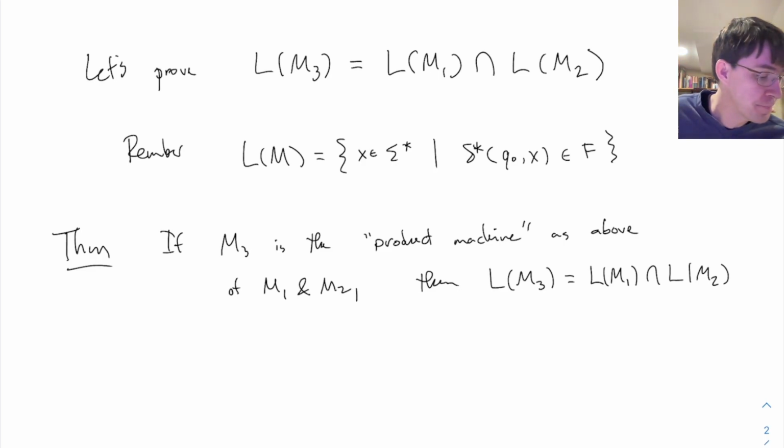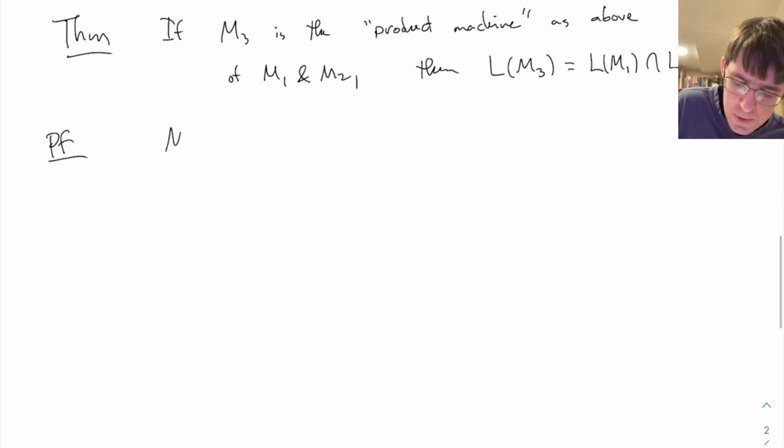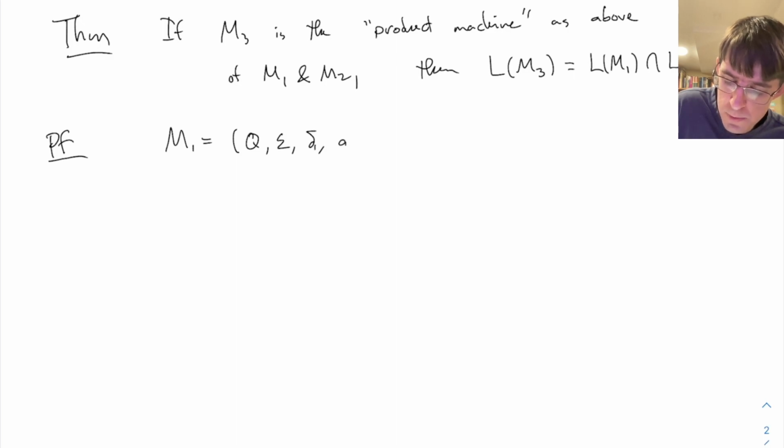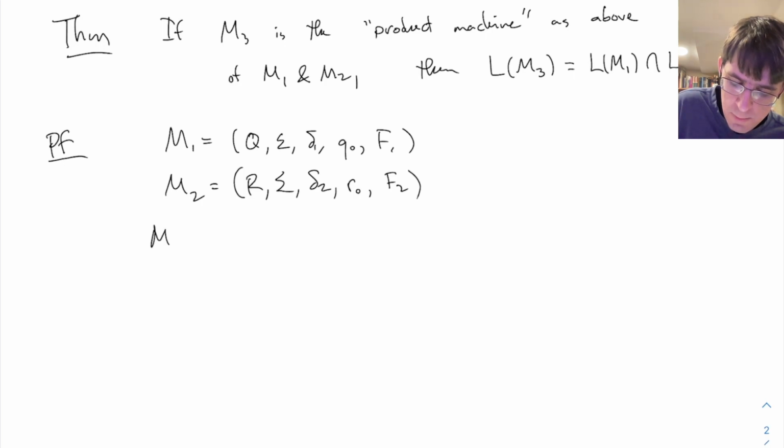All right. So remember, I'm just going to write out the details of the machines. M1 is Q, sigma, delta 1, Q0, F1. M2 is R, sigma, delta 2, R0, F2. And then M3 is the product.